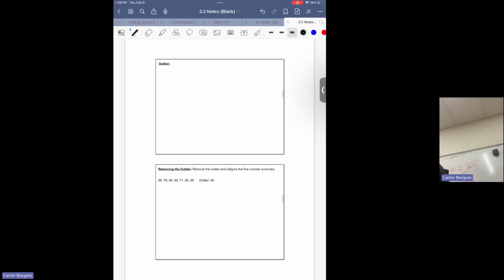So outliers are going to be data points that are significantly different than the rest of the data.